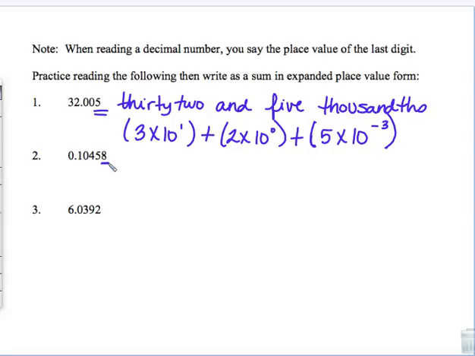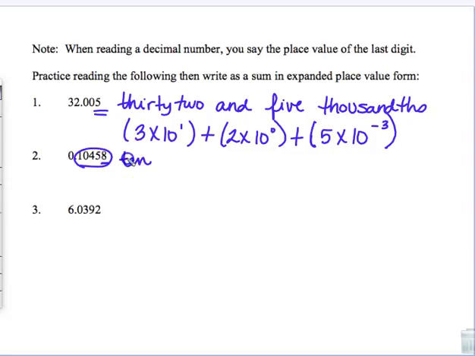10,458 hundred thousandths. And I get a lot of students in college that have a hard time naming that number, but it's because that place value wasn't emphasized to them when they were learning that in late elementary and junior high. So I'm going to consider this number right here, which is 10,458, but it lands in the hundred thousandths place.